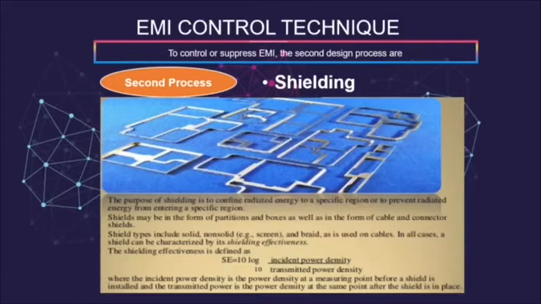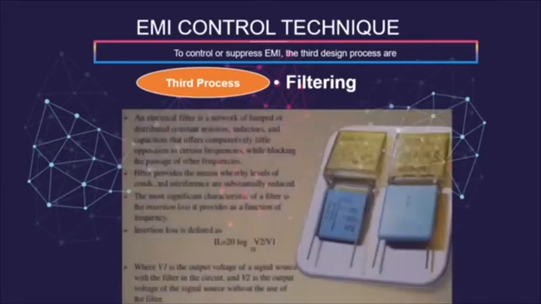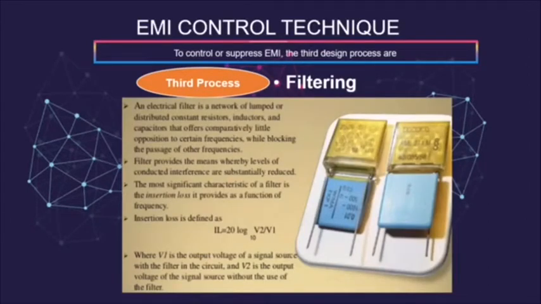The shielding effectiveness is defined in the formula SE equals 10 log incident power density divided by transmitted power density, where the incident power density is the power density at the measuring point before a shield is installed, and the transmitted power density is the power density at the same point after the shield is in place. Let's talk about our last process, which is filtering.